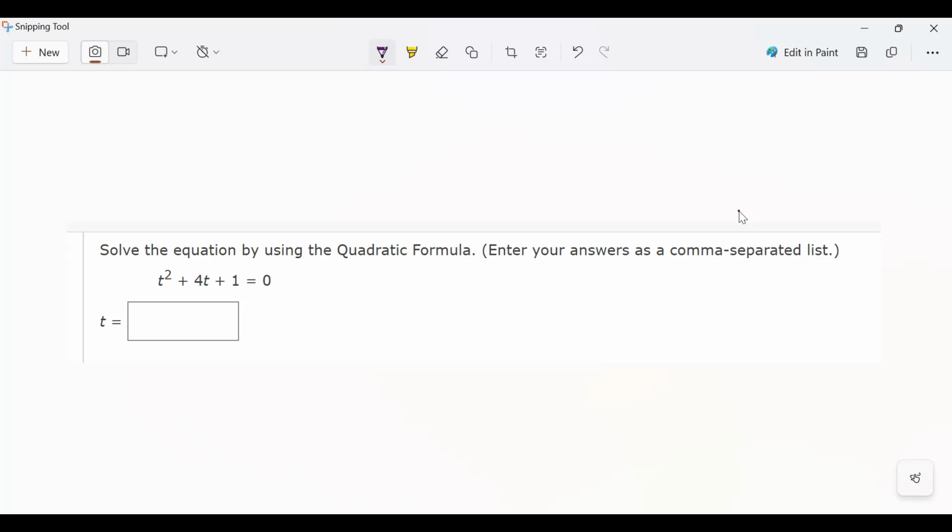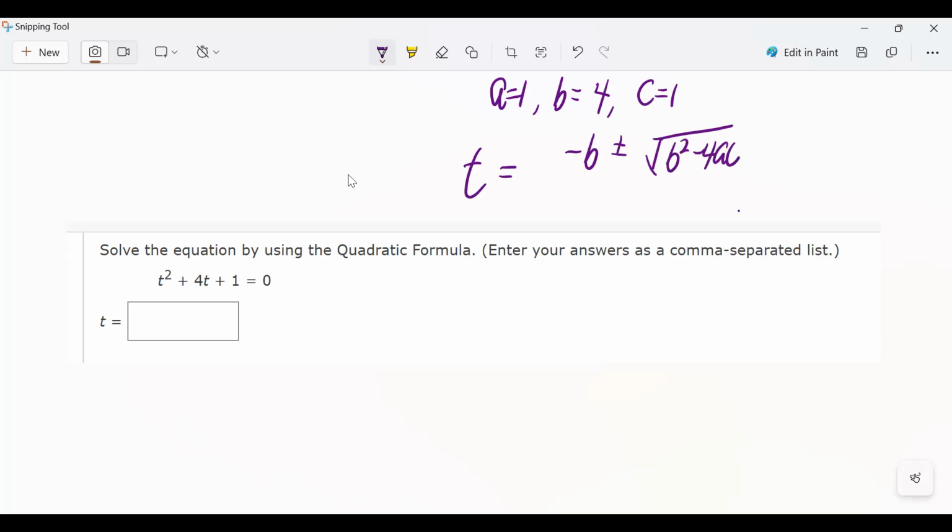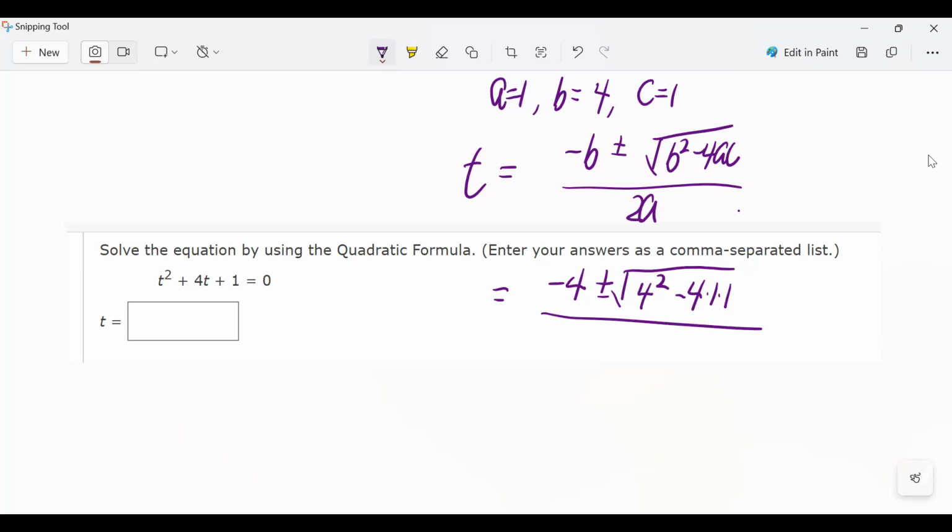Okay, guys, let's go over the solution. Here a is 1, b is 4, and c is 1. Using the quadratic formula, x equals minus b plus or minus the square root of b squared minus 4ac, over 2a. Plugging in the numbers: minus 4 plus or minus the square root of 4 squared minus 4 times 1 times 1, over 2 times 1. So it's minus 4 plus or minus the square root of 16 minus 4, over 2.